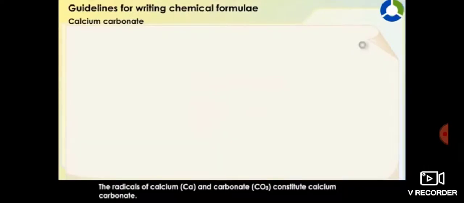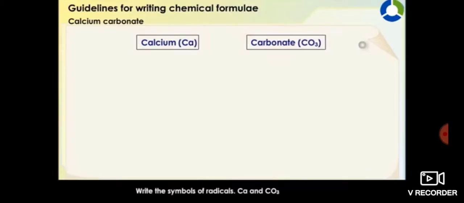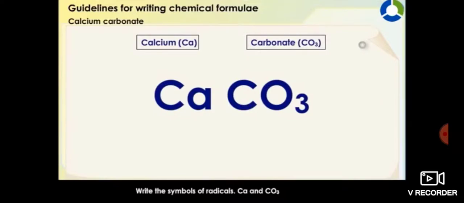Calcium carbonate. The radicals of calcium Ca and carbonate CO3 constitute calcium carbonate. Write the symbols of radicals Ca and CO3. Write valency of each radical at the top. Ca valency 2, CO3 valency 2.